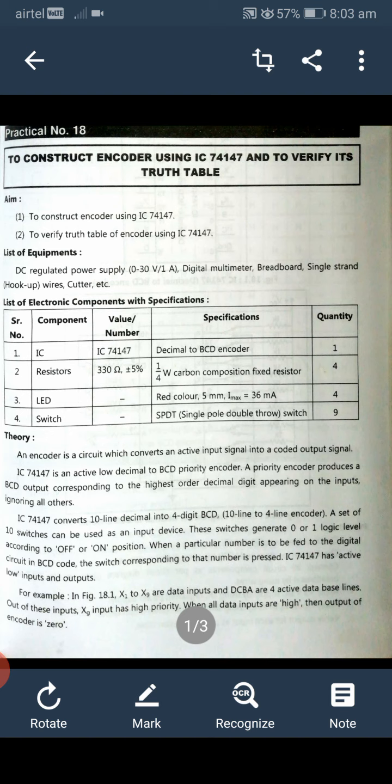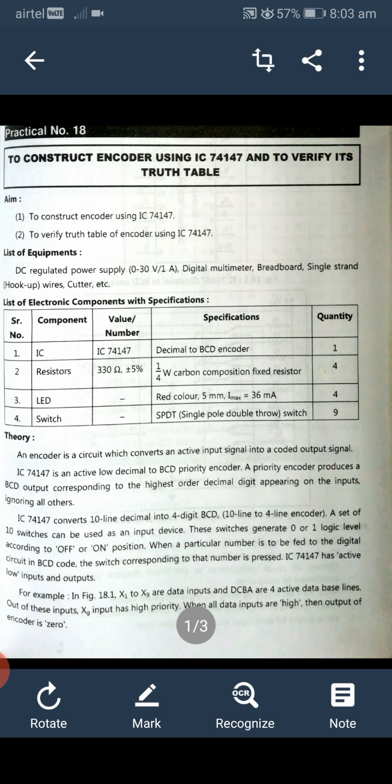When a particular number is to be fed to the digital circuit in BCD code, the switch corresponding to that number is pressed. IC 74147 has active low input and output.